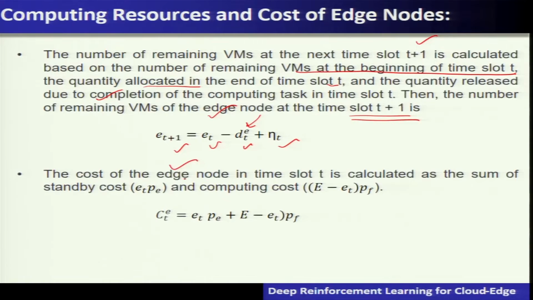Therefore the cost of the edge node at a time T you can calculate as the sum of the standby cost and the computing cost. The computing cost is shown over here. This is the total number of virtual machines which are available at the edge nodes, and this is the number of virtual machines which are provided. So this will become the cost of the edge node, and this is the standby cost, for the virtual machines which are already allocated and reserved.